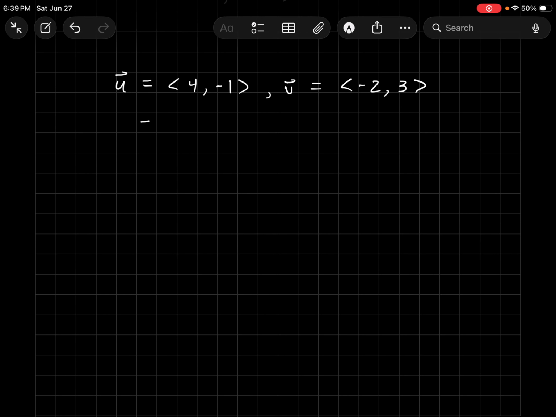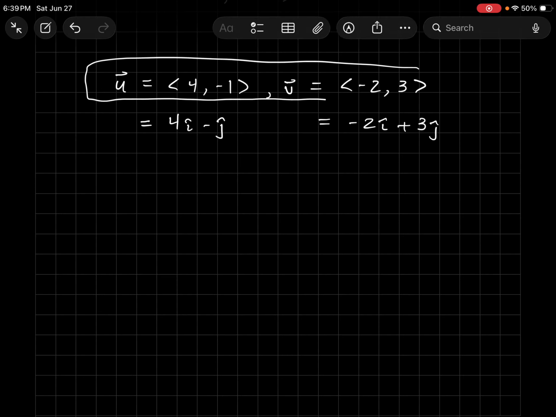Equivalently, I don't need it for this problem, but I could have written u as 4i minus j, and then v as negative 2i plus 3j. But let's look at this form right here. What if I want to find 2u plus 5v? How would I do this?